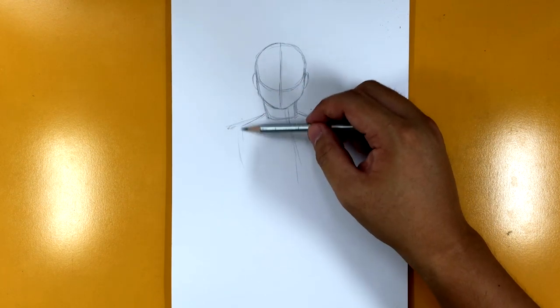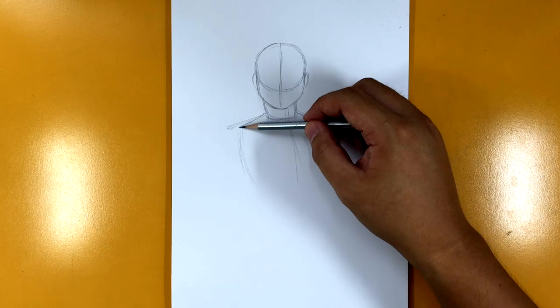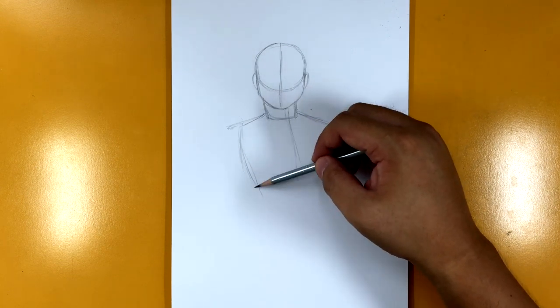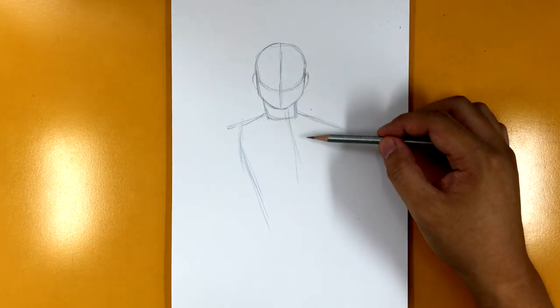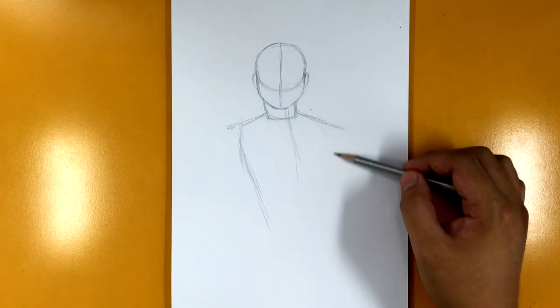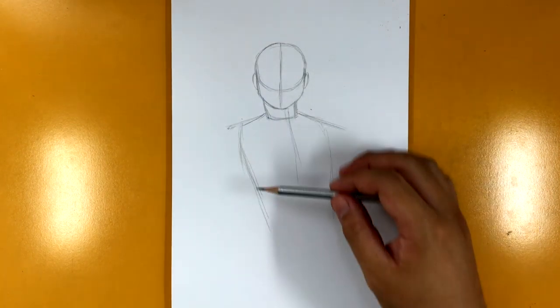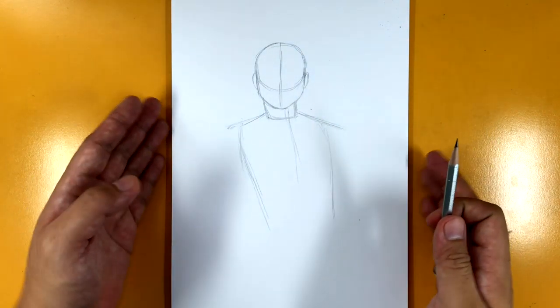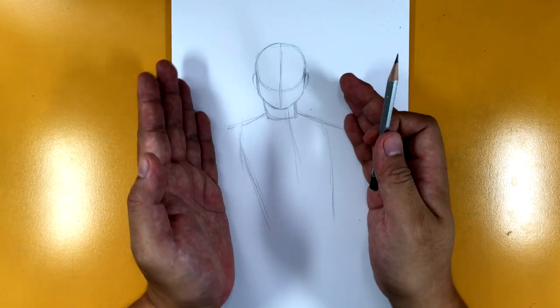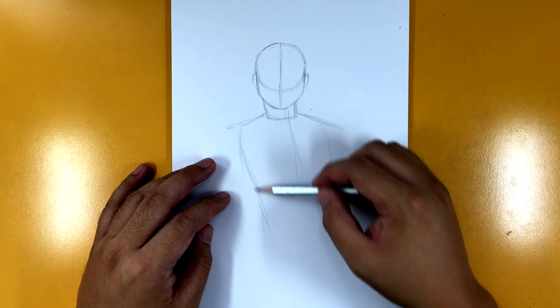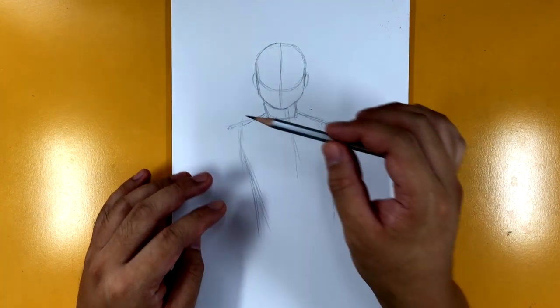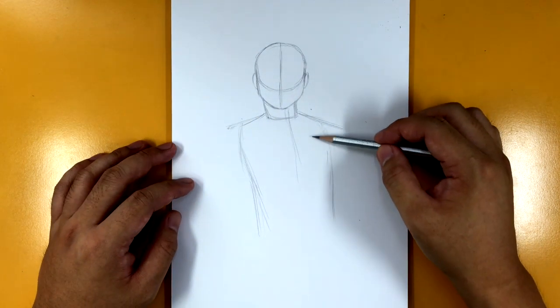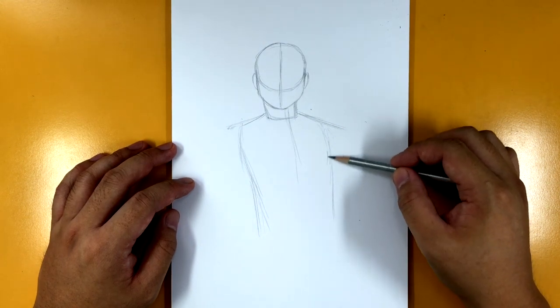While we do that, we want to get an idea where the back is going to be. So here's the back, and here's the front. It's going to go right around here like that. Now I'm finding that I'm leaning a little too much this way, so you want to take this back a little bit. And you guys see how I'm holding my pencil. I'm holding it like this, so I'm drawing lightly.